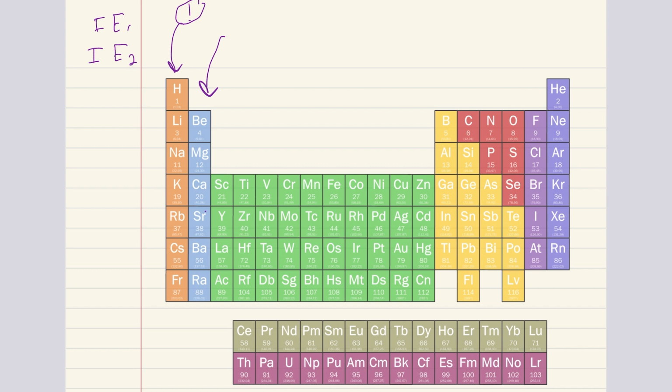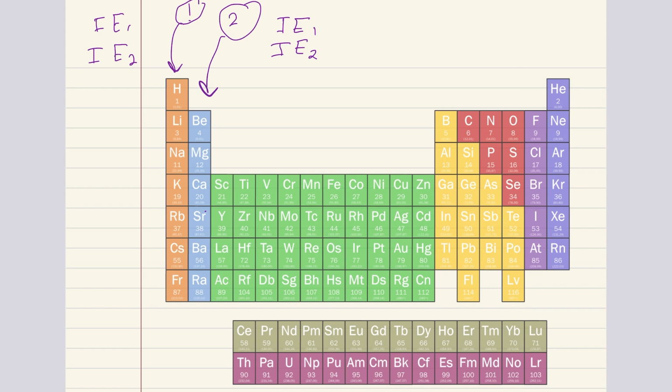For group 2, the elements in the alkaline earth metals have two valence electrons. So ionization energy 1 refers to the energy required to remove that first valence electron. And then the ionization energy 2 refers to the energy required to remove that second valence electron.